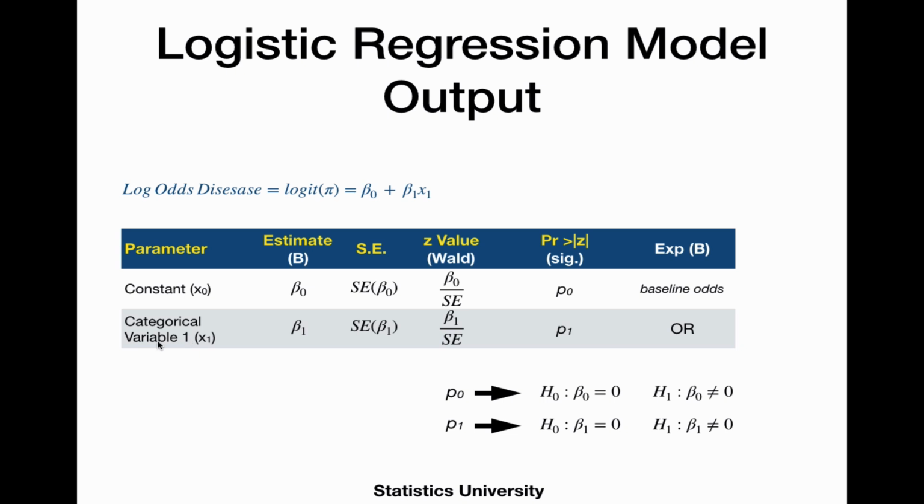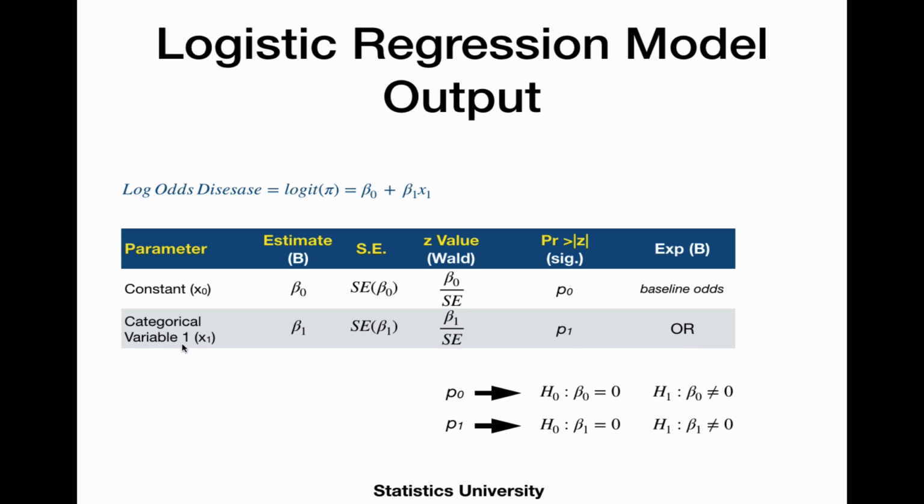Now, as the second parameter, we get the categorical variable 1, x1, with beta 1, the regression coefficient, as its estimate, and the exponent of that beta 1 estimate is the odds ratio, because this is a categorical variable.